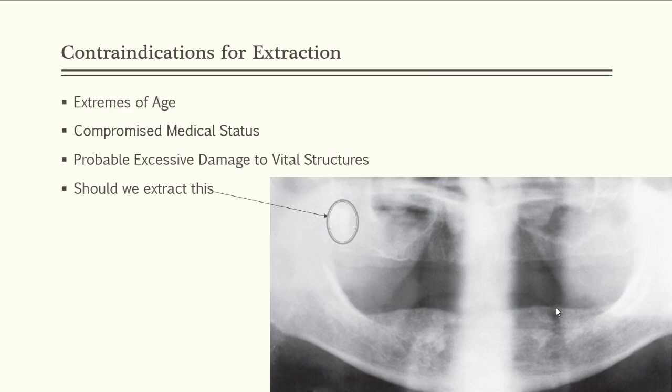We don't extract. Probable excessive damage to vital structures, ID nerve, sinus. Why should we get the patient into such troubles if it's not needed? Now, if it's an emergency case, we must extract this tooth, then we do extract it.